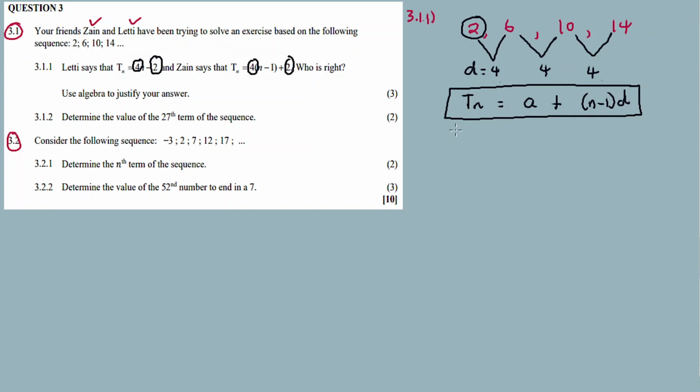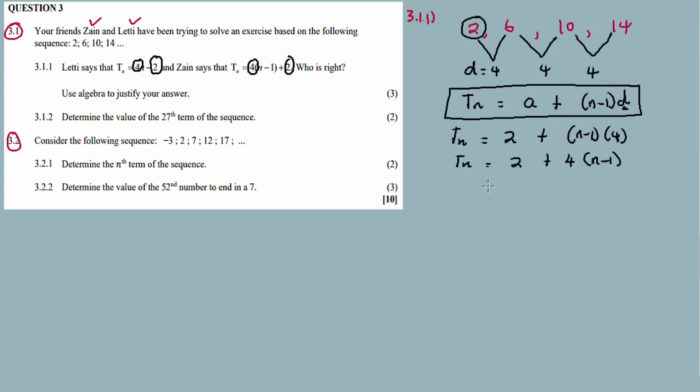Therefore Tn is equal to, we substitute a, which is 2, plus n minus 1. What is d? It's the common difference, which is 4. Let's simplify this. So Tn equals 2 plus 4(n minus 1).